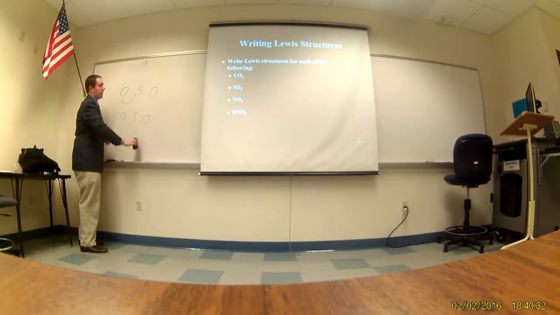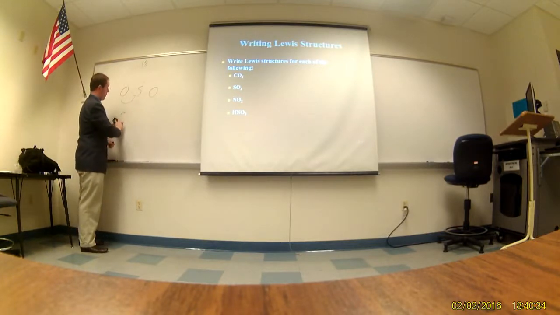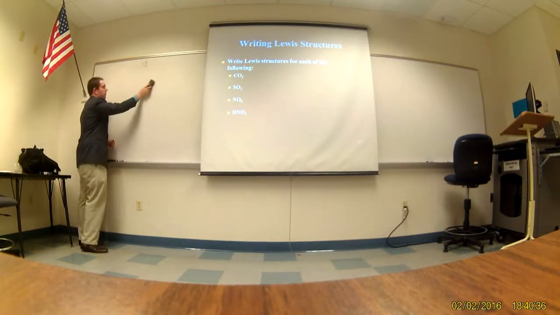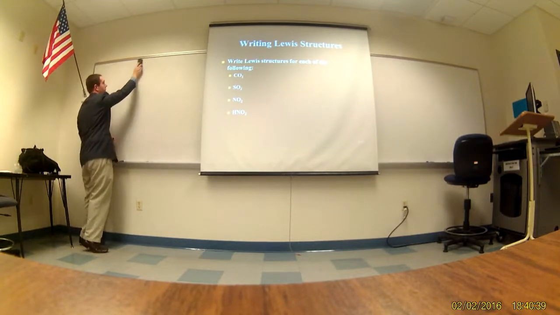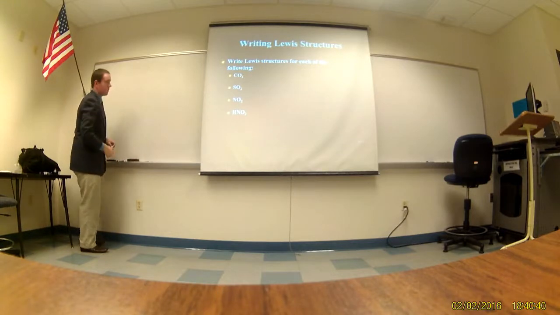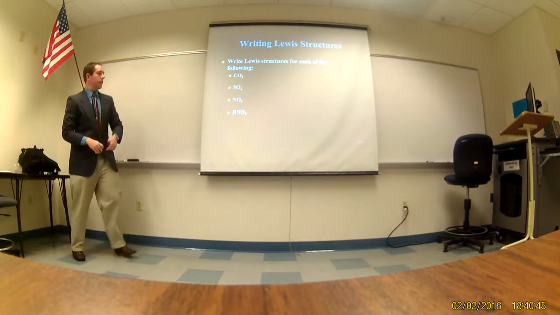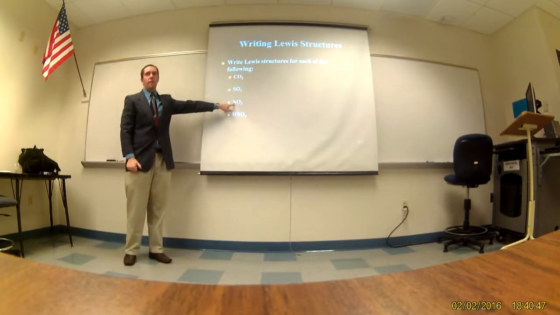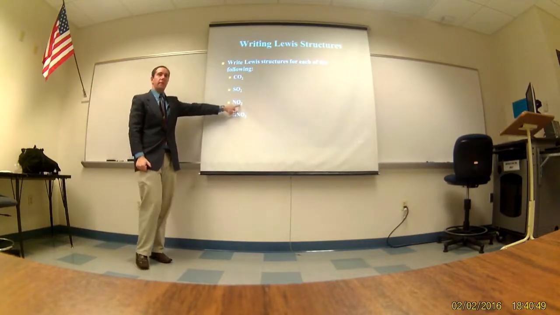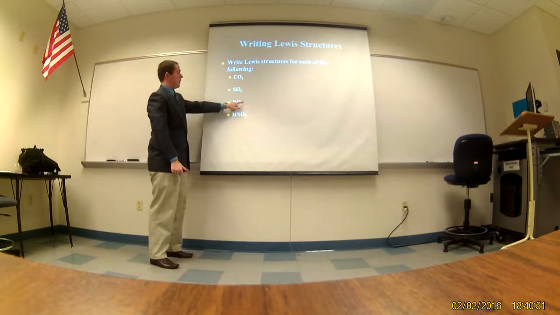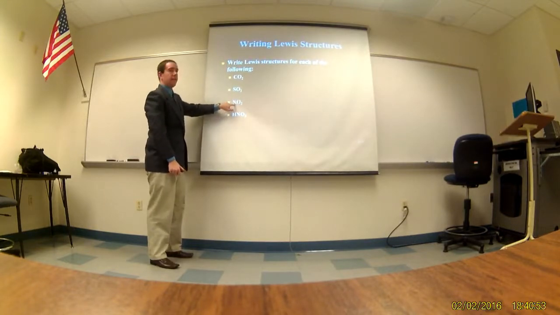NO2 minus. Notice the minus charge. How many electrons do we have? How many does nitrogen bring? 5. How many does oxygen bring? 6. So that's 12 total, plus 5 is 17.